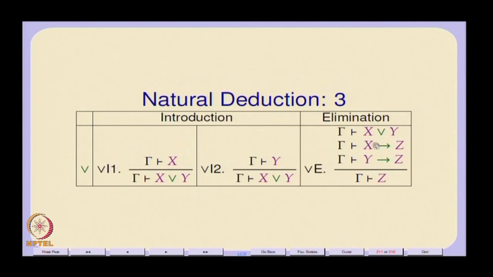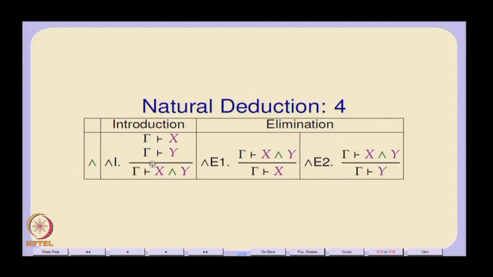Essentially what you are saying is, if you have proved x or y, and from x you can prove z and from y also you can prove z, then you do not require the case analysis x or y. So, this is a more generalized form of case analysis, and it says from gamma you can prove z.